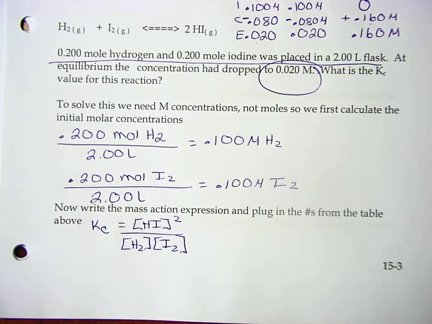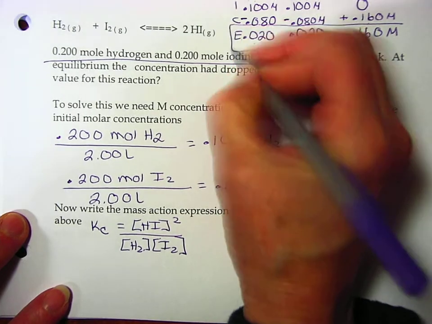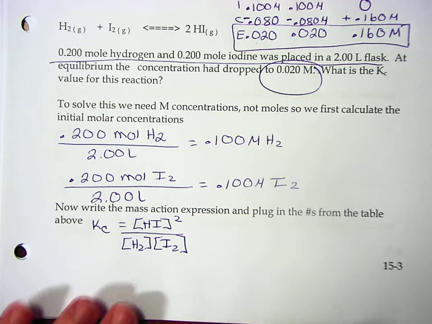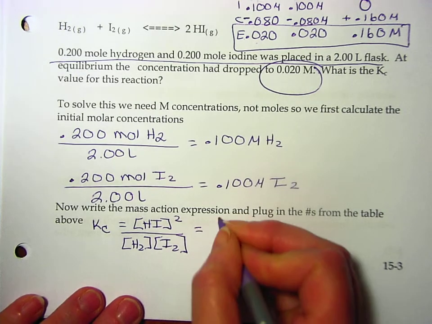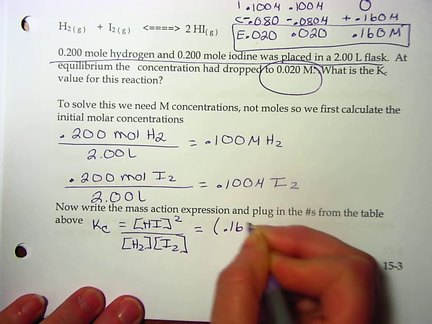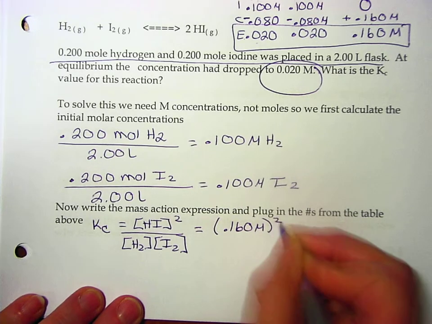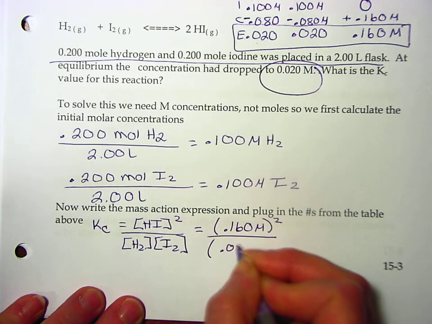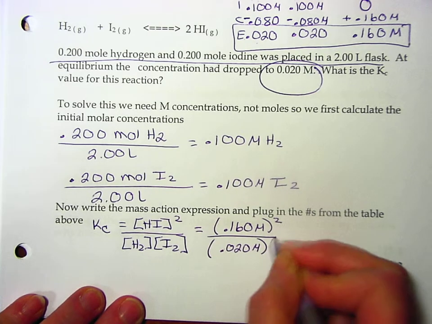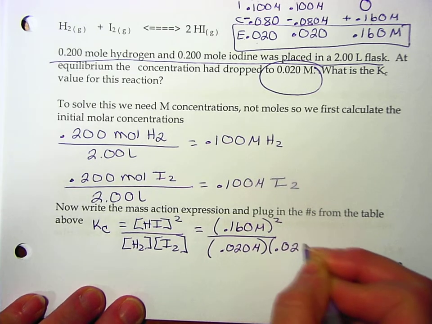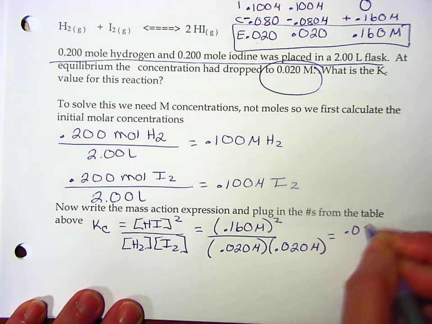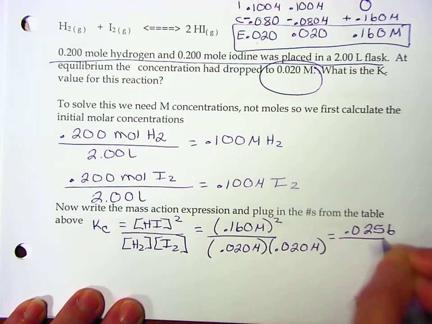hydrogen iodide. So I'm going to get in the habit of using this equilibrium line to fill in my K sub C, or my equilibrium expression. So that's equal to my hydrogen iodide concentration, 0.160 molar, the quantity squared, divided by the hydrogen concentration, 0.020 molar, my concentration at equilibrium, times my iodine concentration at equilibrium, and that's equal to 0.0256 divided by 0.00040.